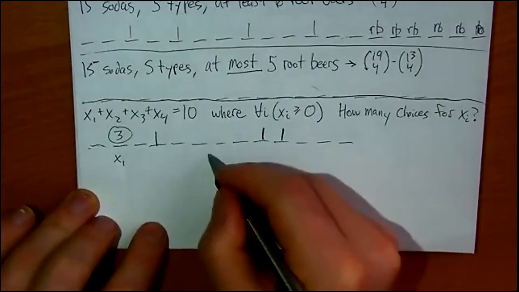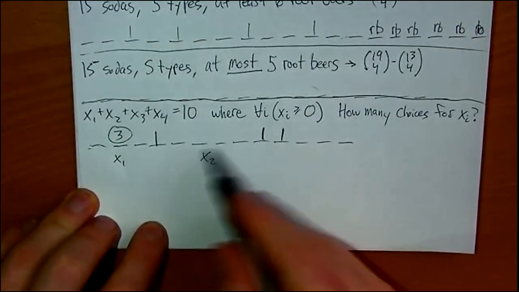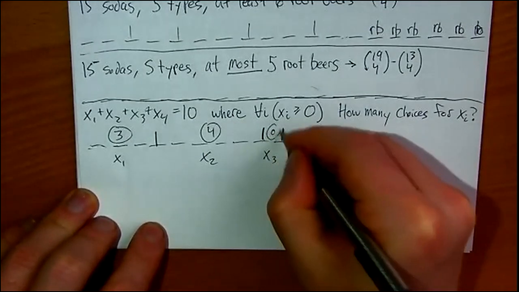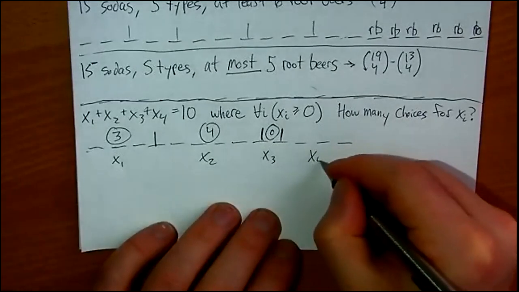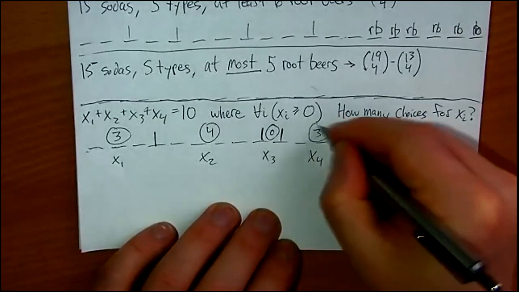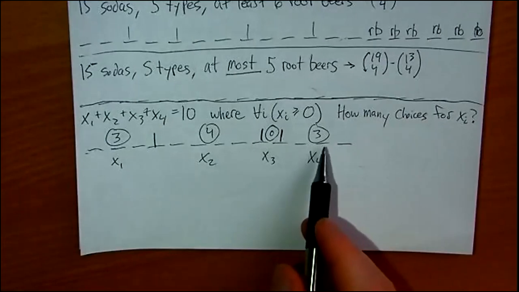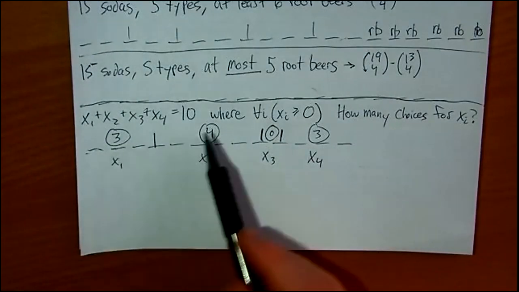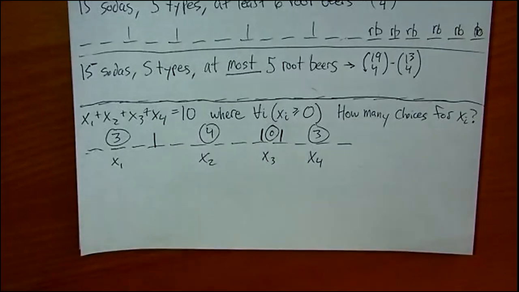Here's a section for x2, which is going to be, I guess, 4 of them. Here's a section for x3, which is going to be none of them. And here's a section for x4, which will be 3 of them. And this is one arrangement of x1, x2, x3, and x4, where we have 3 plus 4 plus 0 plus 3 equals 10.